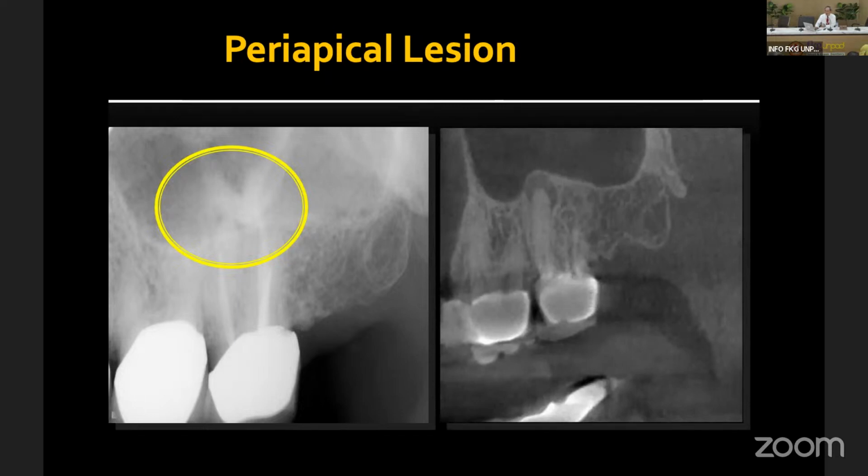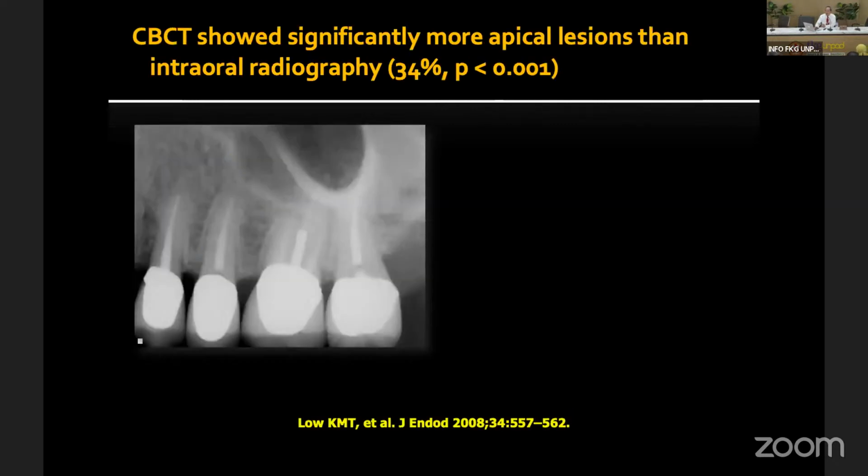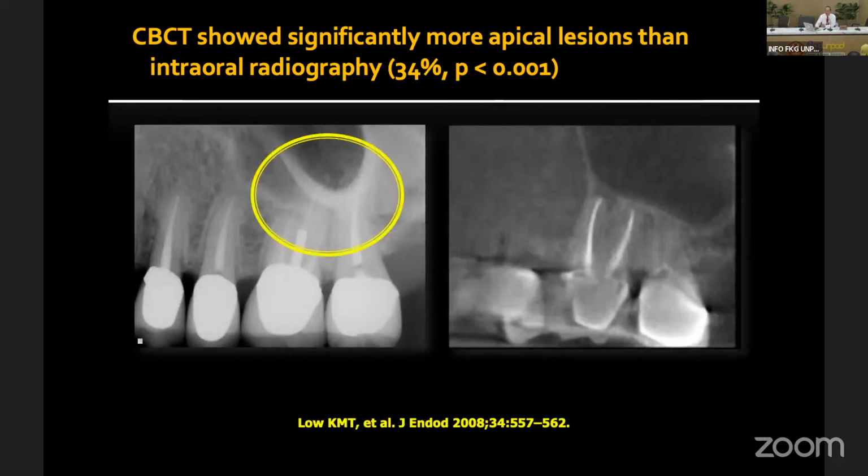This is an apical lesion there. And this is another case you cannot see, but with the cone beam you can see the apical lesion. Based on the literature, with cone beam CT you can see about 34% more endo lesions than with the intraoral radiograph.